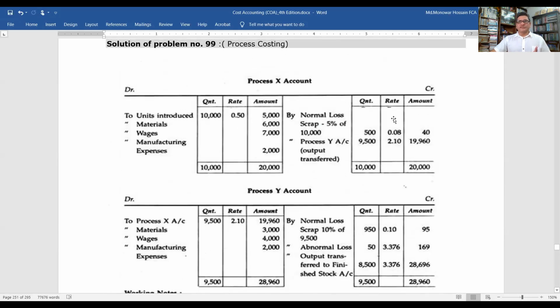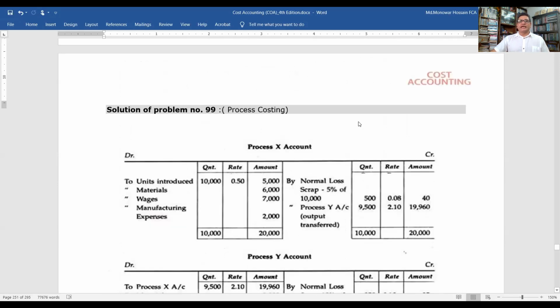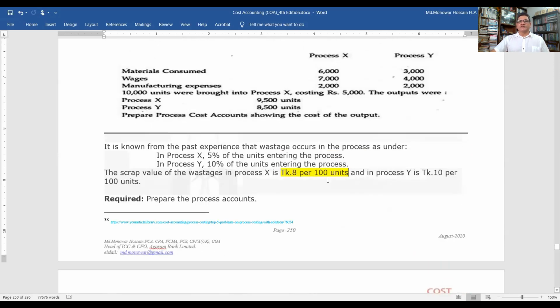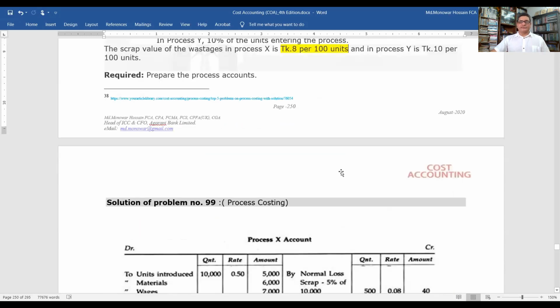2.10. So if you see here the process Y account, the output is 19,960, and for the 500 units the per unit value is 0.08 as given in the question, because 100 units is for taka 8.